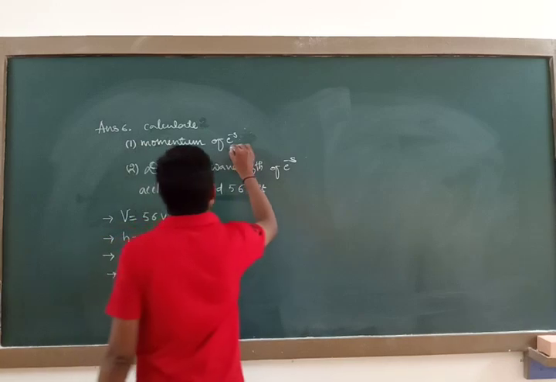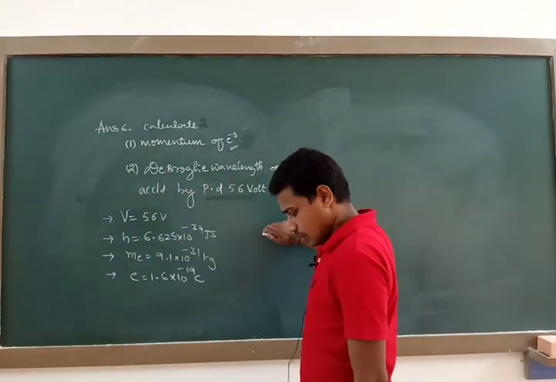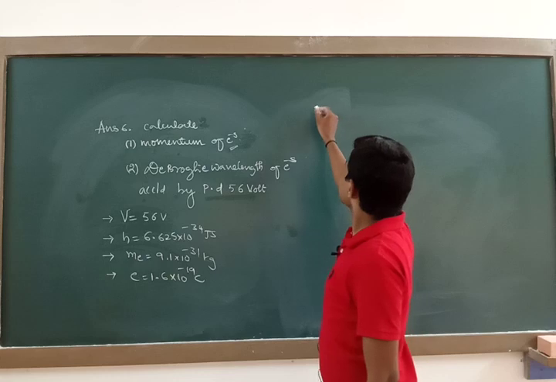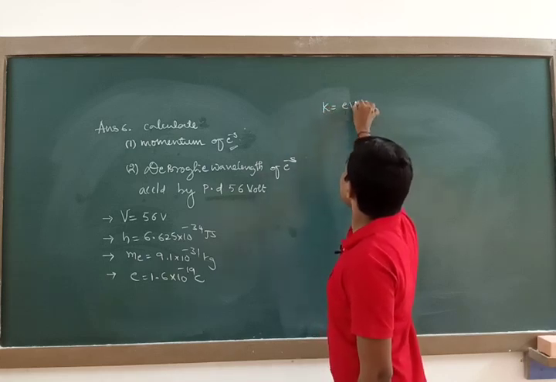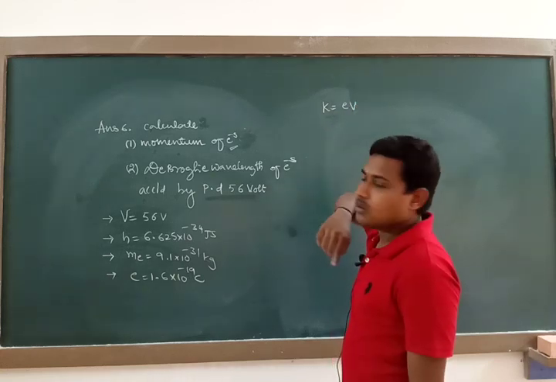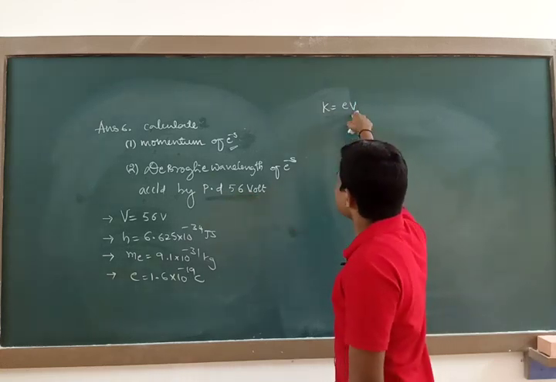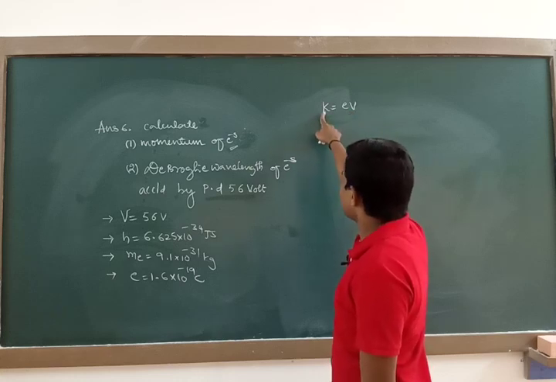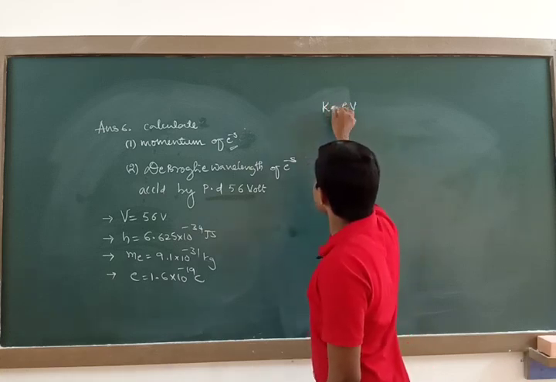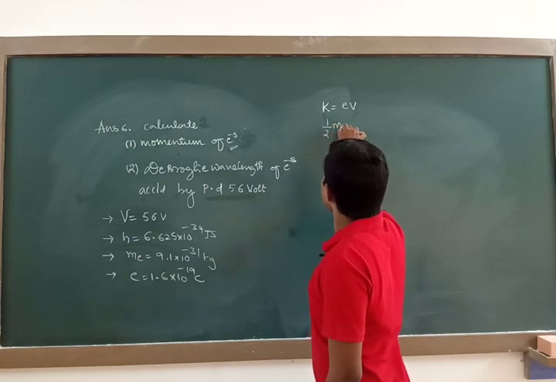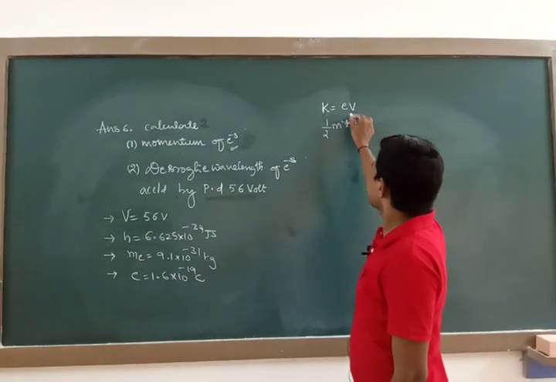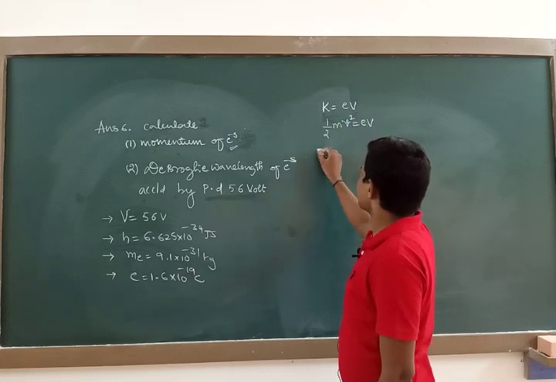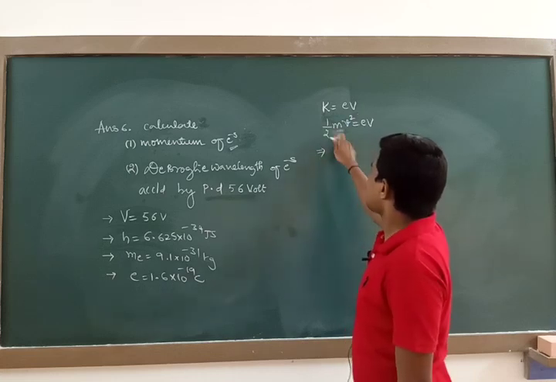See here, we know that the equation, kinetic energy is equal to eV. Yes or no? When electrons are accelerated under this potential difference, then they acquire the maximum kinetic energy. So therefore half mv square is equal to eV. This is small v, this is V. Here I want to calculate only mv, the momentum.